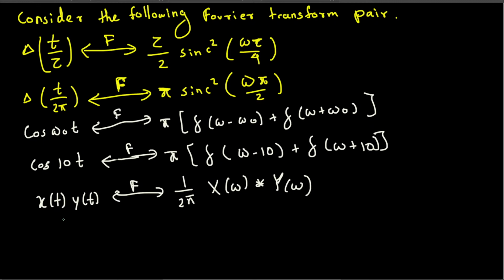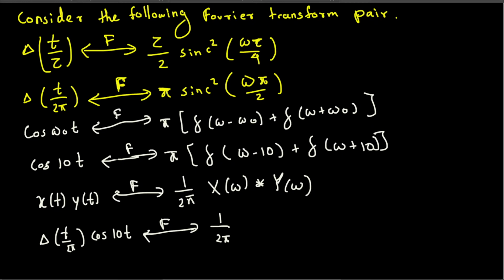If we apply the same thing for the function we have, triangular t over 2 pi times cos 10t, and do the Fourier transform for that, then the 1 over 2 pi automatically comes into play, and then we will have the functions that we derived.